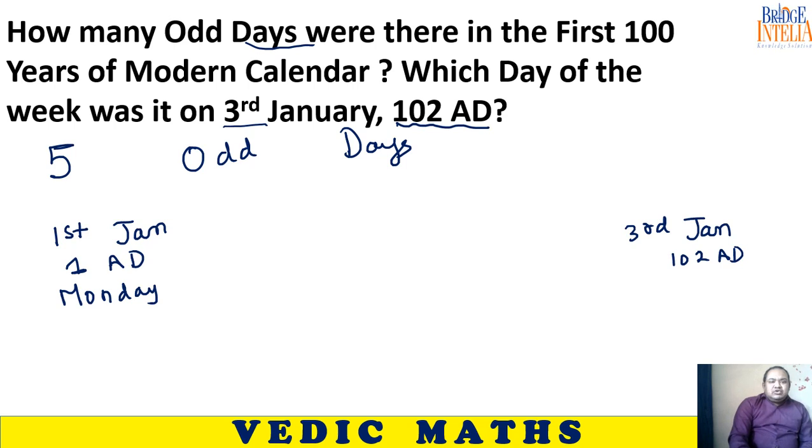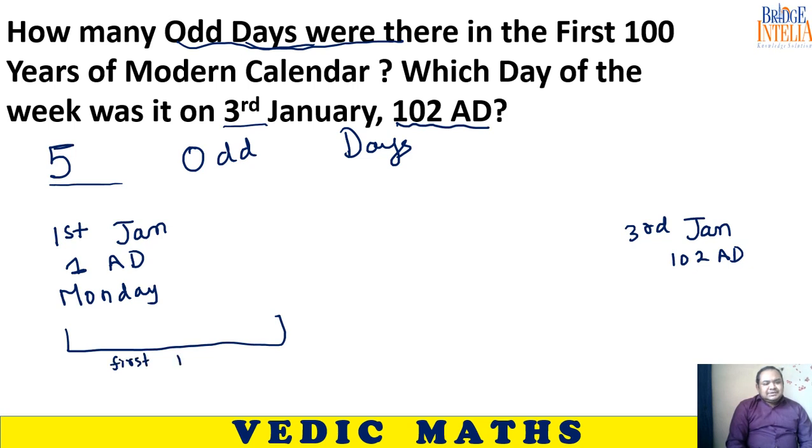We also know that in the first 100 years, 5 extra days get accumulated. So the first 100 years have completely gone by, then 101 AD, and then 3rd January.